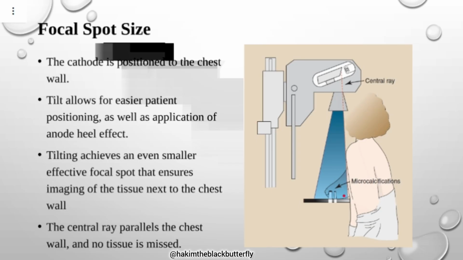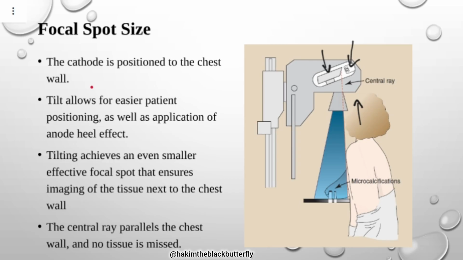The cathode is positioned to the chest wall. When you look at this X-ray tube, you realize that the cathode is on the patient side and the anode is in front of the patient, isn't it? This is the cathode and this is the patient, and the anode is on this side of the patient. So the cathode is always positioned to the chest wall.